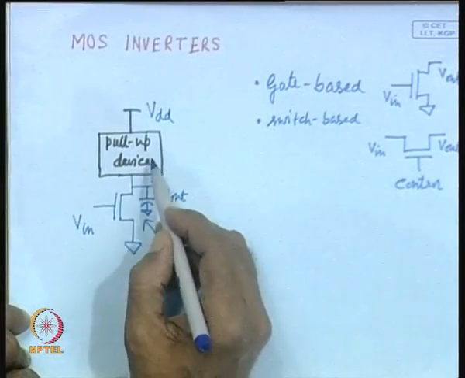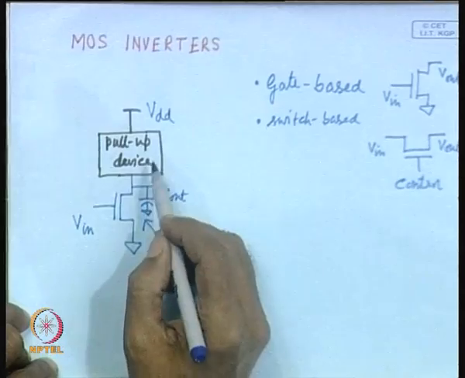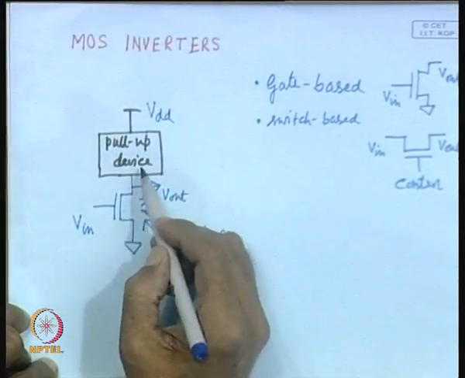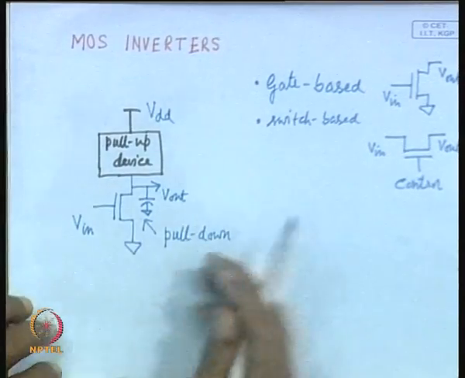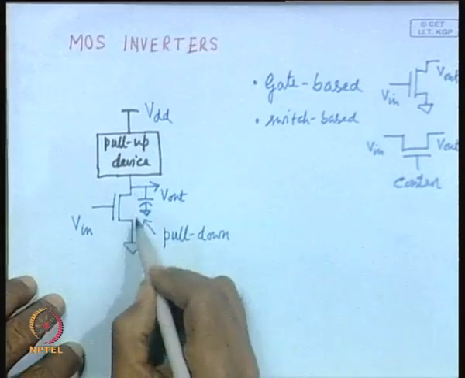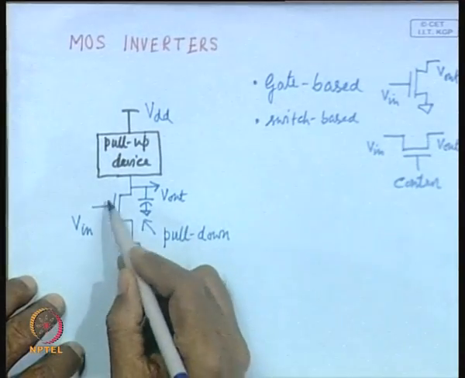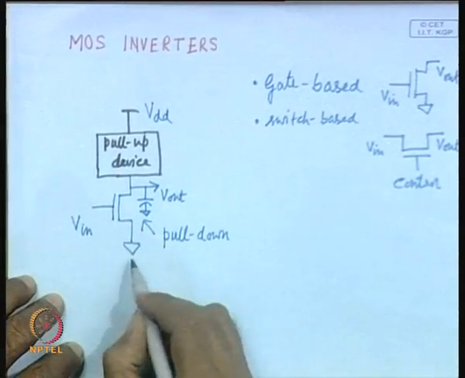And obviously, as you know, MOS transistors are voltage controlled devices, the pull up device also will be a voltage controlled device, or it may be a passive transistor, as we shall see later. And this is the pull down device, with the help of which whenever this NMOS transistor is on, you will pull the voltage down to ground level, because this is ground.